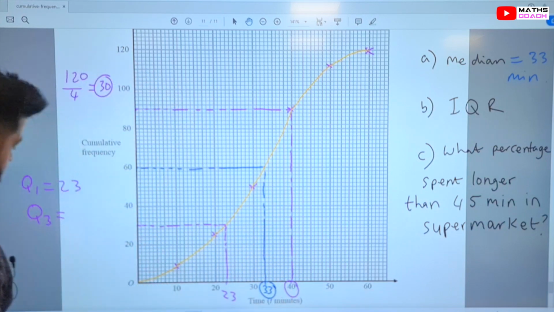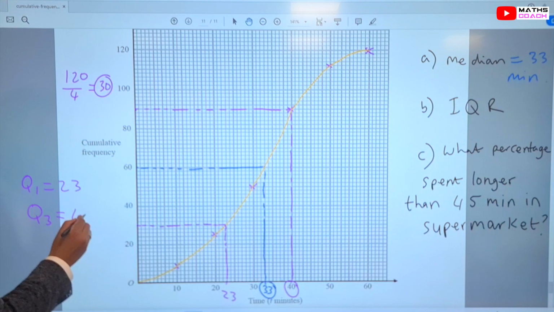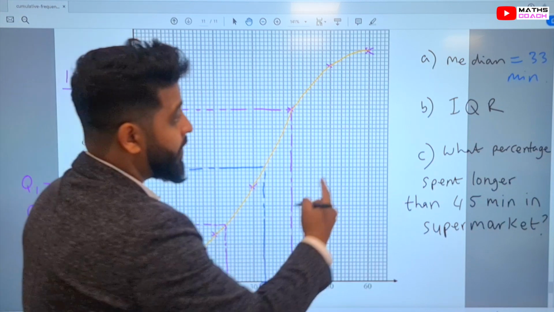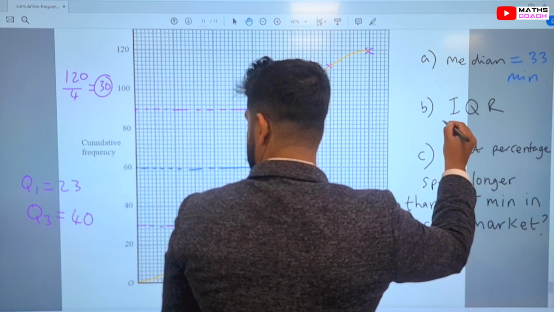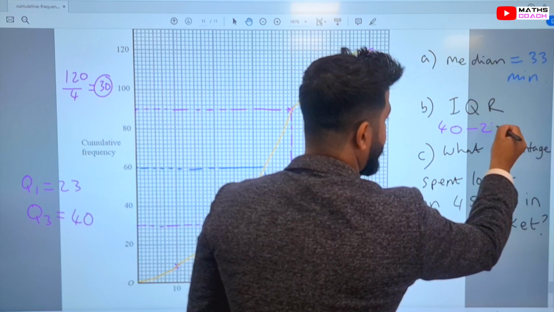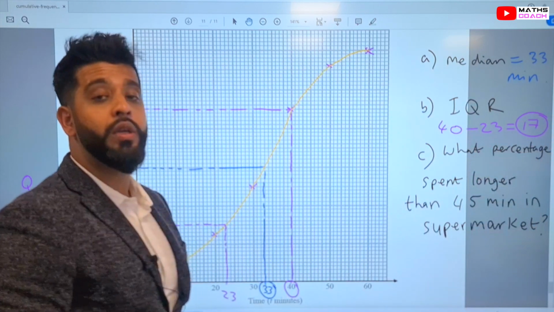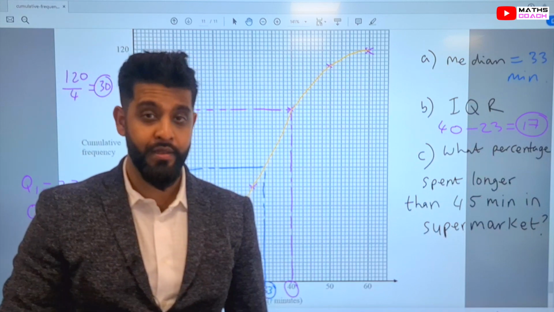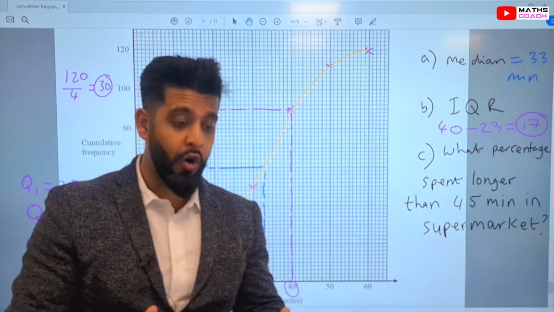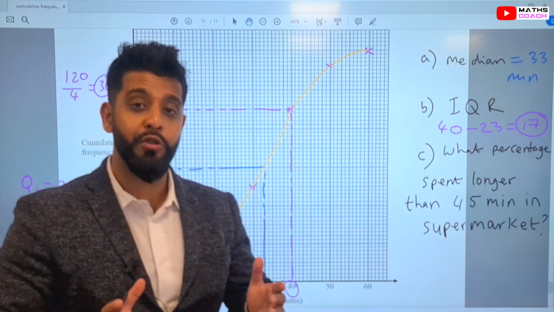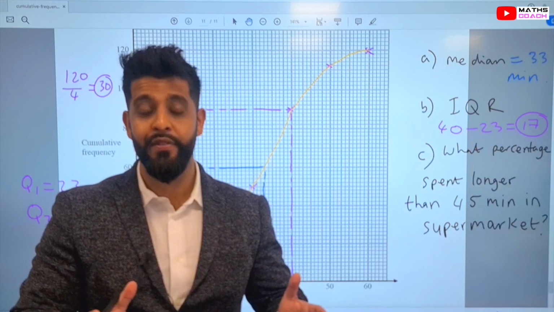And it hits at 40. So Q3, the upper quartile, is 40. Therefore, the IQR is going to be 40 take away 23, which is 17. So our interquartile range is 17 minutes. Our middle, 50% of the time in minutes spent in the supermarket, is 17 minutes.